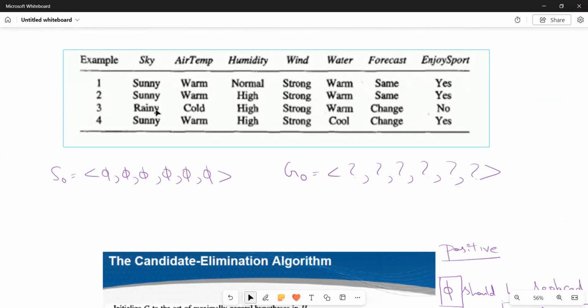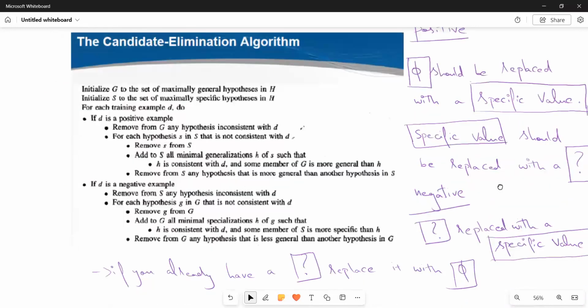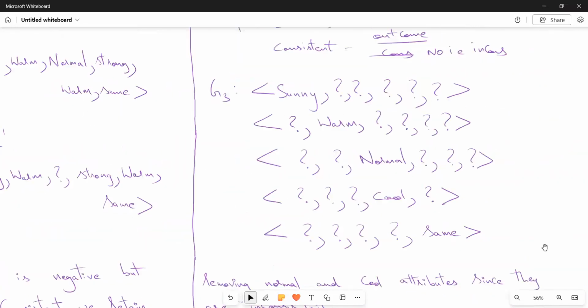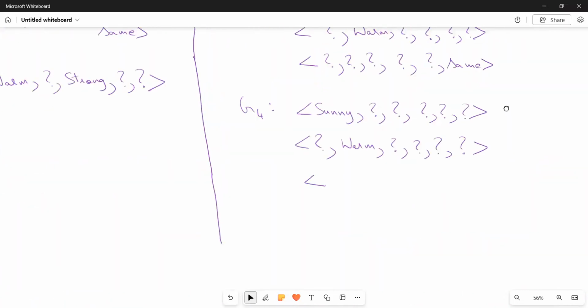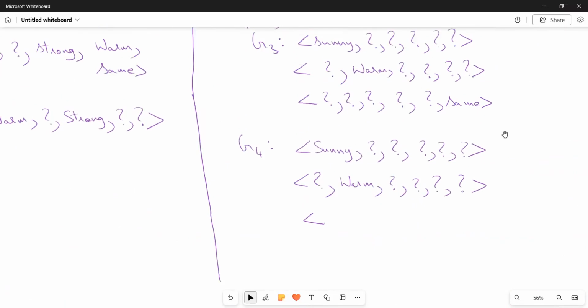But here, if you look into it, it is inconsistent: your hypothesis is inconsistent and your outcome is also inconsistent, so it's fine. Coming back here to your E4, your hypothesis is inconsistent, but your outcome is consistent. So what do we do? Then we are supposed to remove your Same attribute, meaning we are not going to retain Same.